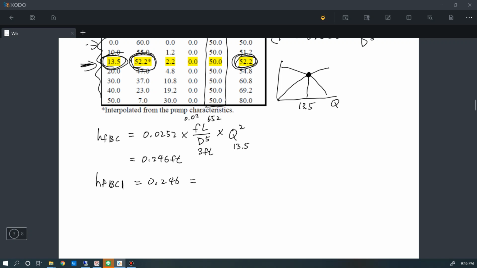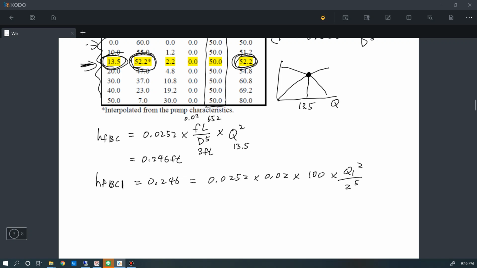That will equal 0.0252 times 0.02 times 100 times Q1 square divided by 2 to the power of 5.